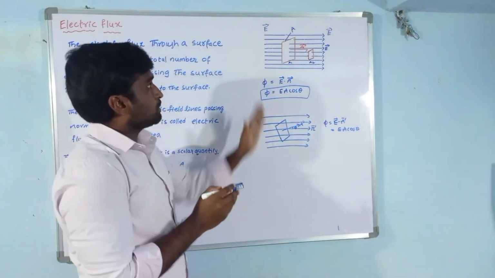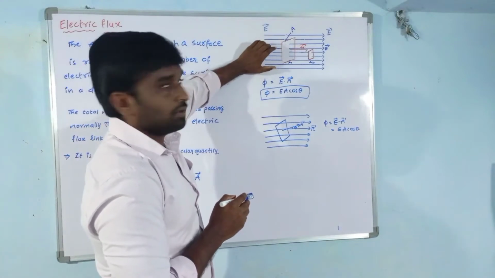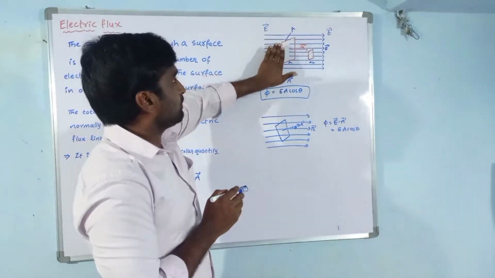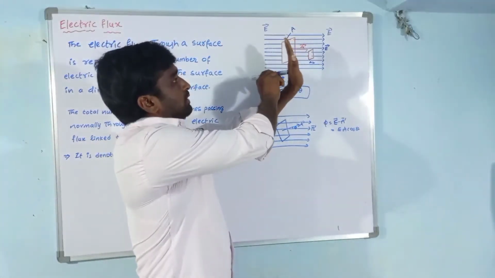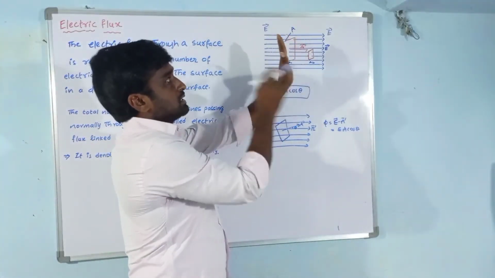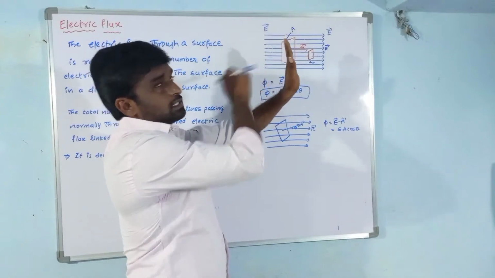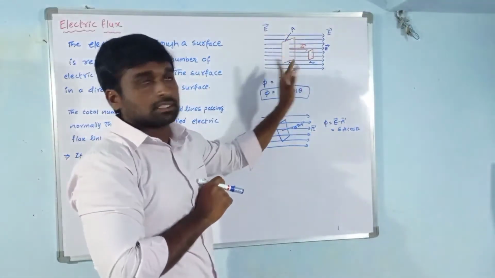Now, when we take a plane surface exactly perpendicular to the electric field lines, what is the angle?